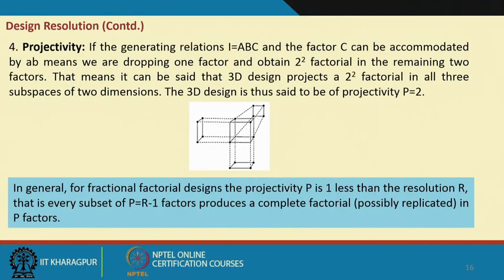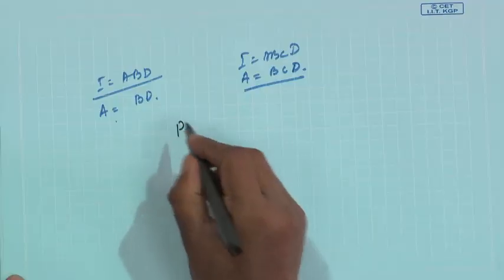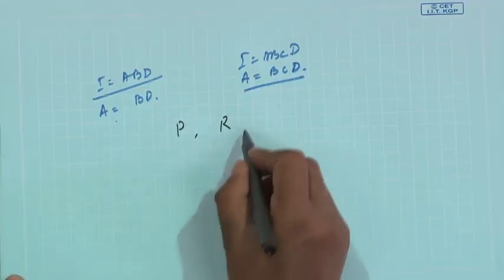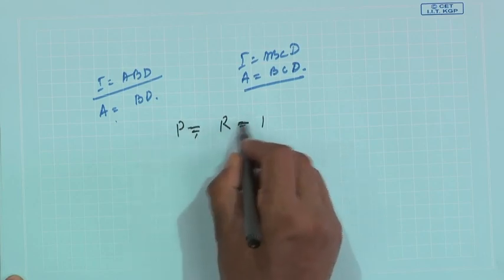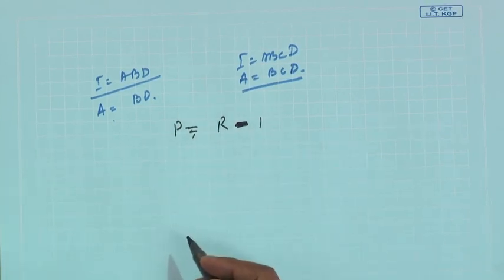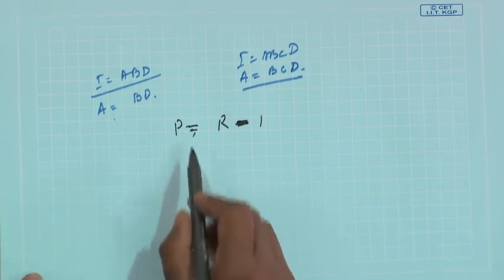And there is a relation between the resolution and the projectivity: if projectivity is P and resolution is R, then P equals R minus 1. Keep it in mind.